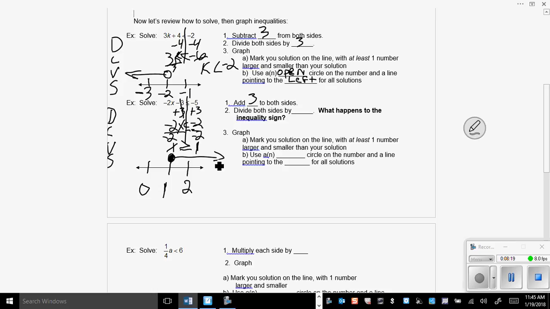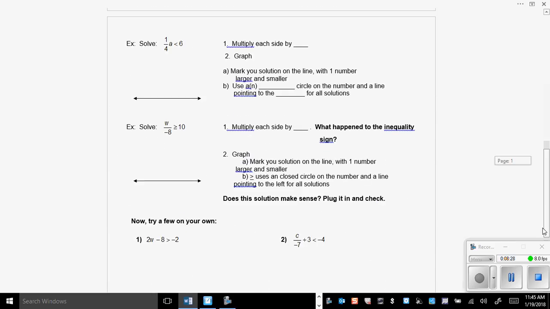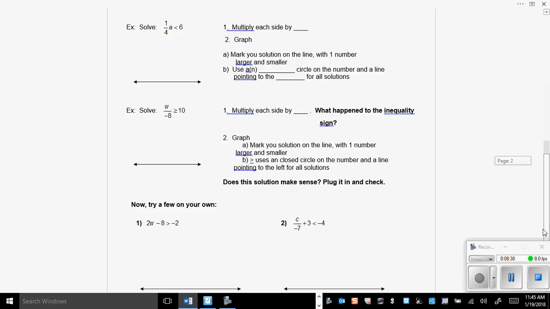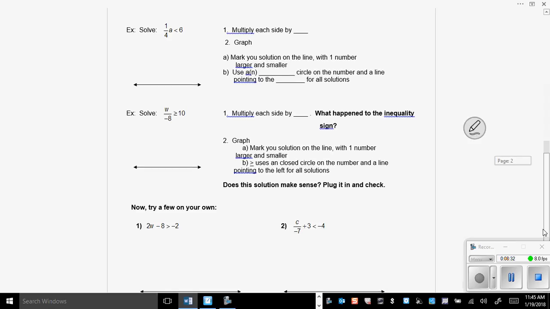All right, now moving on to our next problem. We'll go down here, go over here first, and slide it down. There we go. Now, example, we have 1/4 A is less than 6. Well, we have a fraction. How do we get rid of fractions? The reciprocal rule, right, or the inverse rule of multiplication.